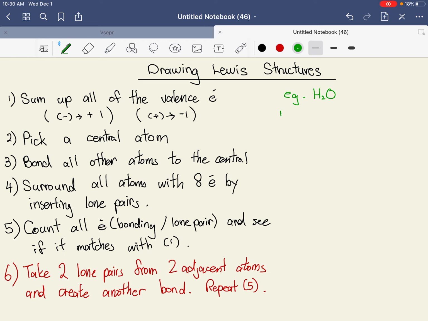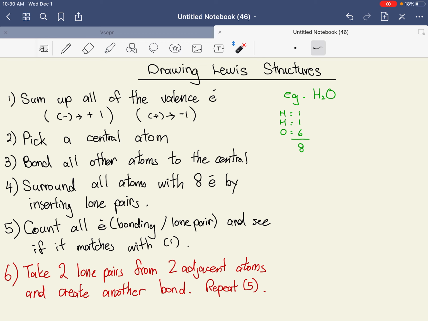I have 2 H's and an O. This is a neutral molecule, so you don't have to do this silly part down here. The valence electron for hydrogen is 1, and for oxygen is 6. So my magic number is 8. Later on when I do step 5, hopefully I get 8.